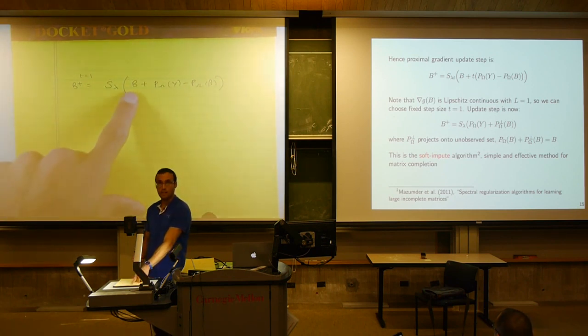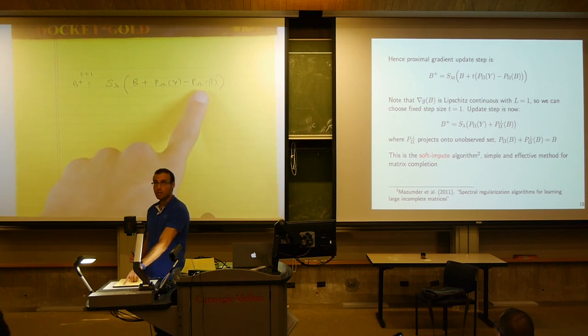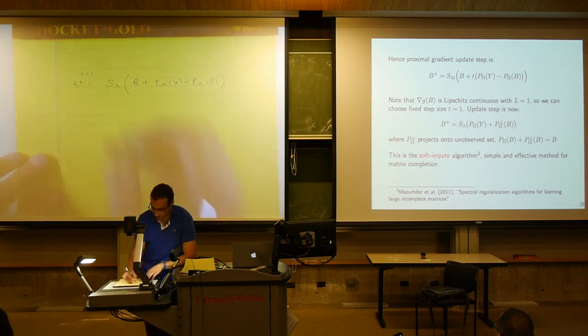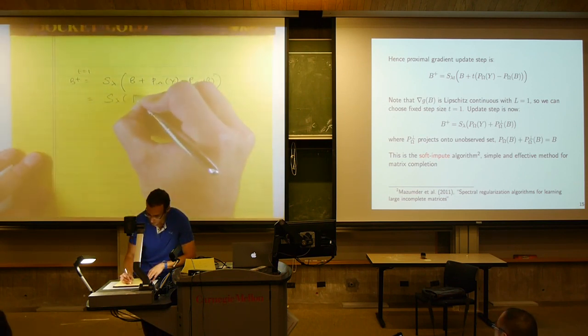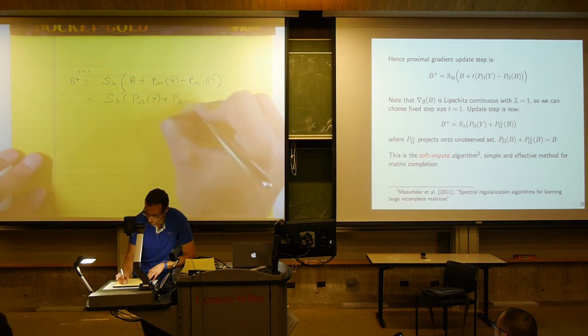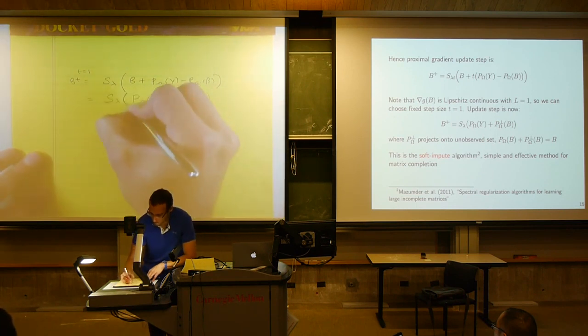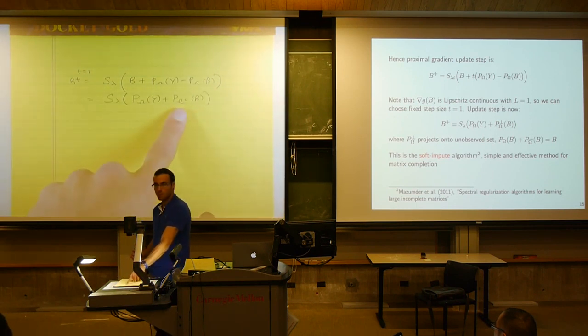Because B has everything in it, and P omega of B has just the things on the observed set and zeros otherwise. So if we subtract that from B, we get everything on the unobserved set, which we write as P omega complement of B. This gives us zeros where we had observed entries, and it gives us b_ij where ij was not observed in the original matrix Y.